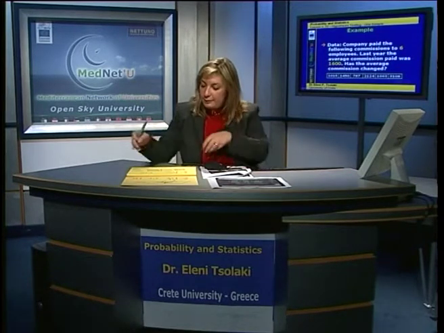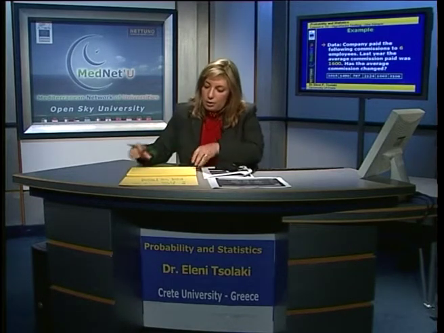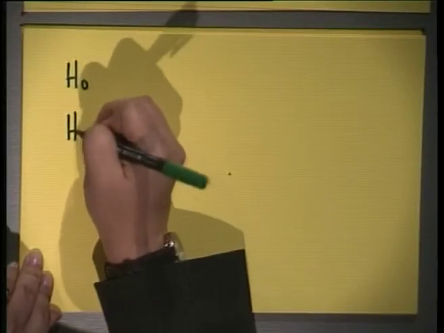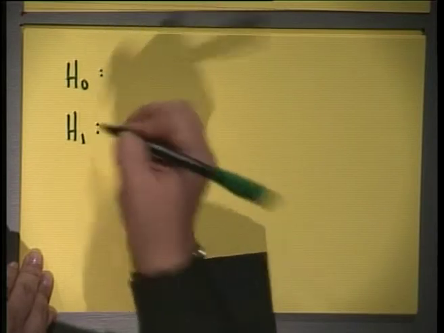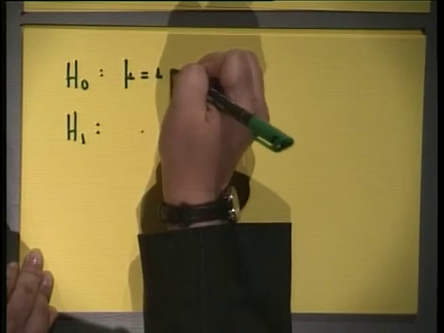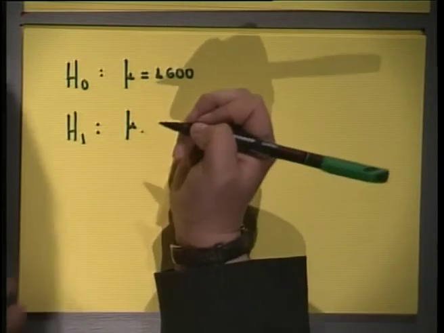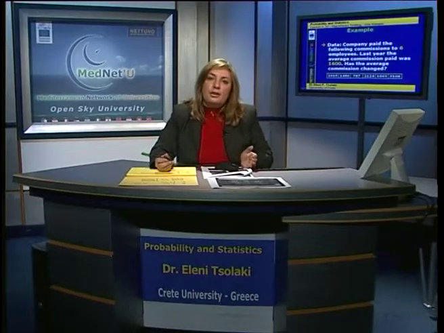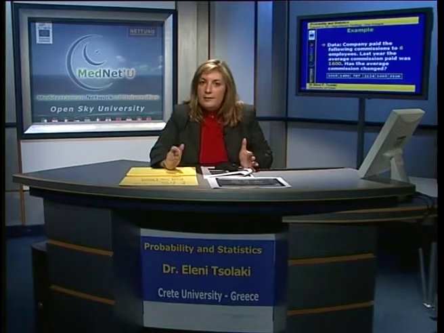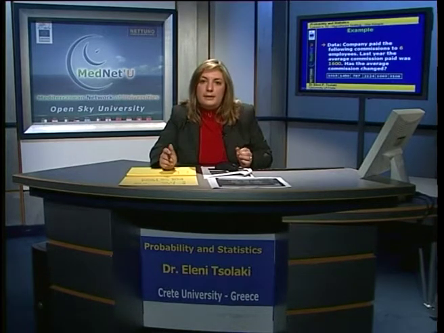First of all, we need to write our null and our alternative hypothesis. The null hypothesis is that the mean value is 1,600, and as our question is not if it has increased or decreased, we have no evidence of deciding on one side, so we are going to use a two-sided alternative.